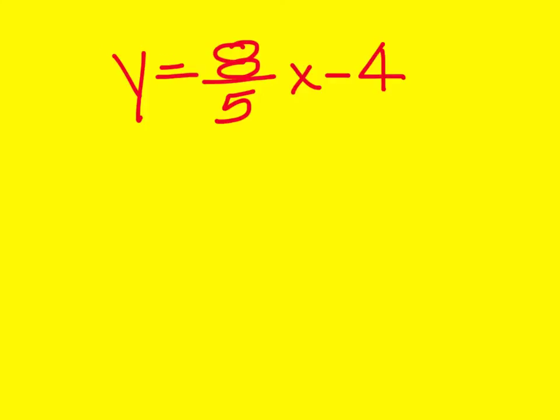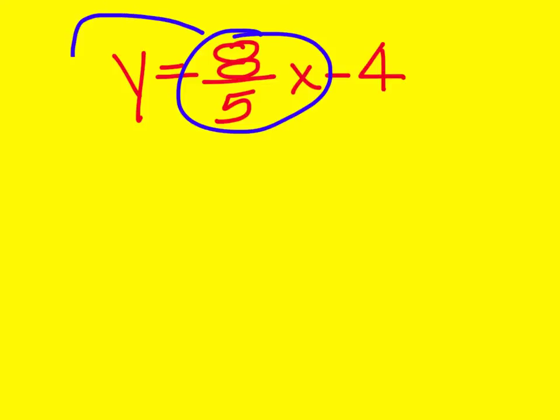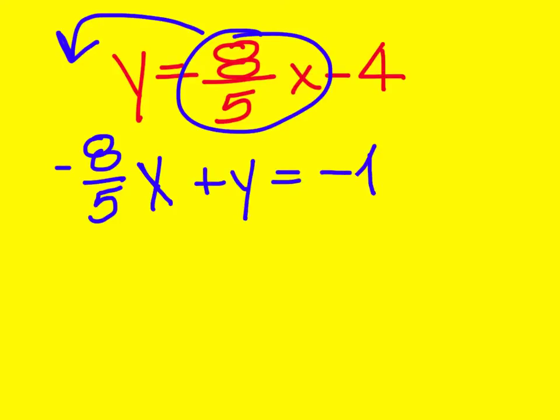Now on this problem, you have to move this over to the left-hand side and change the sign. So it becomes negative 8 over 5x, and then you're left with plus y equals a negative 4. If this is negative, then you have to change the sign of everything all the way through here. All 3 of these would have to change.